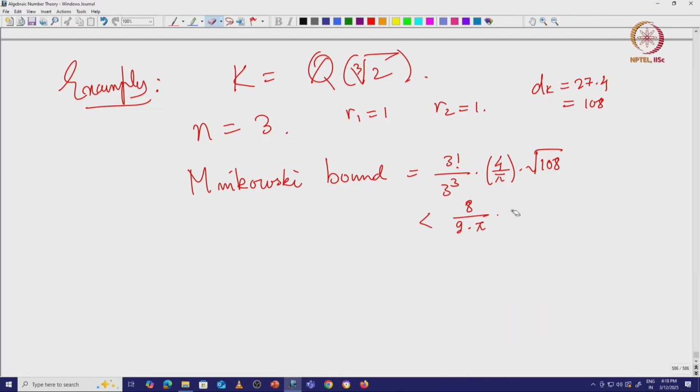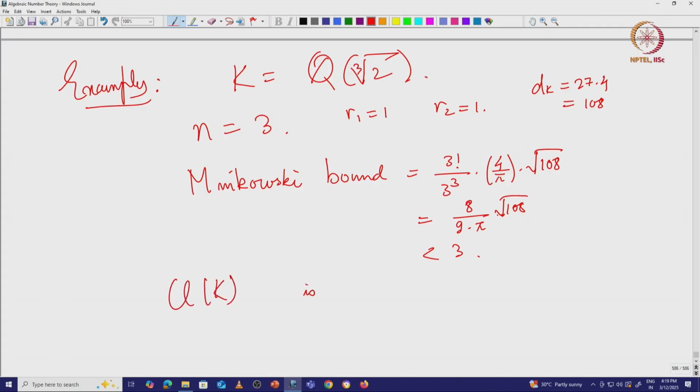So, let me keep it as it is and use the computations that I have in my notes, and this turns out to be less than 3. Okay. So, the only prime that I care about is primes dividing 2.